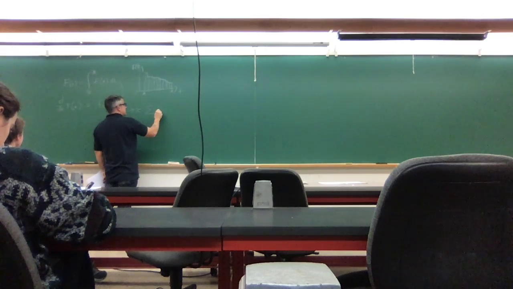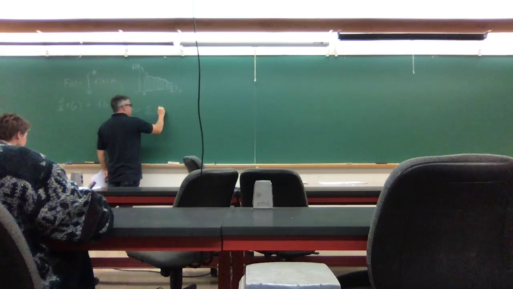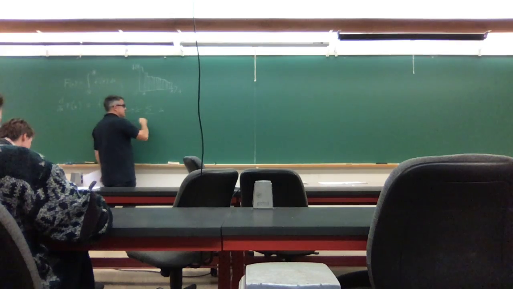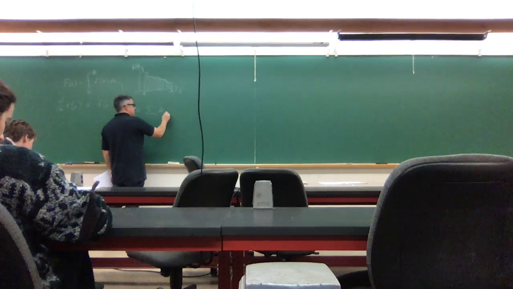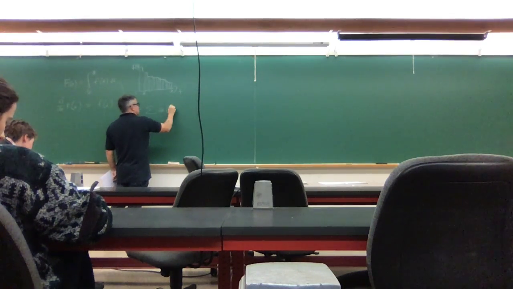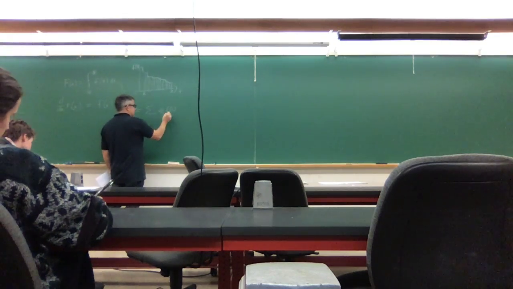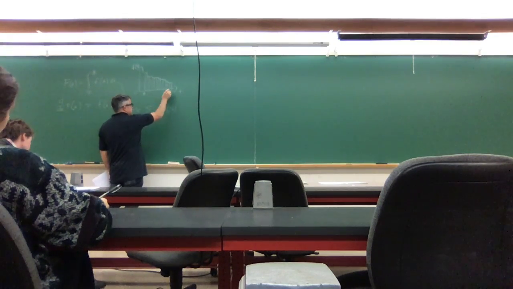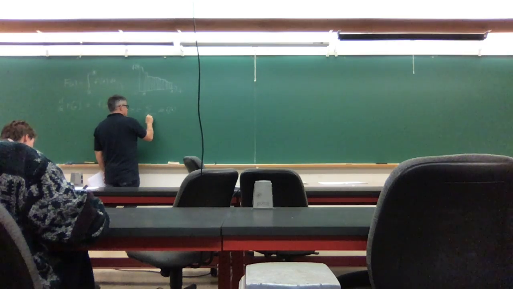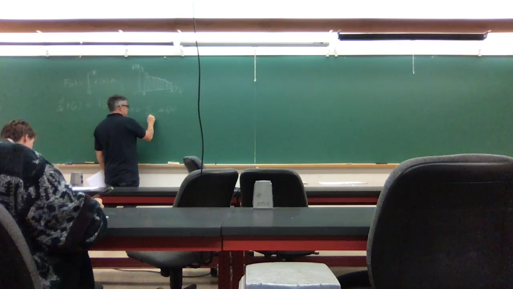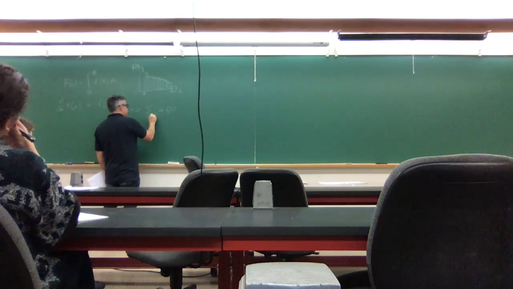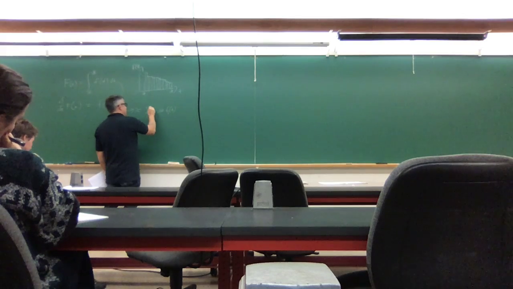And how big is the rectangle? So it has a width, dt, and it has a height, which is the function of t, and we have a mess of them. So we sum over, i goes from the one that's at a to the one that's at x.